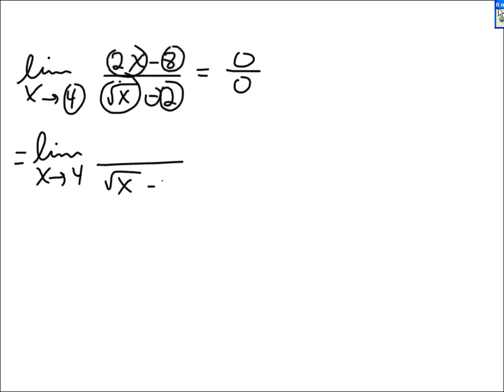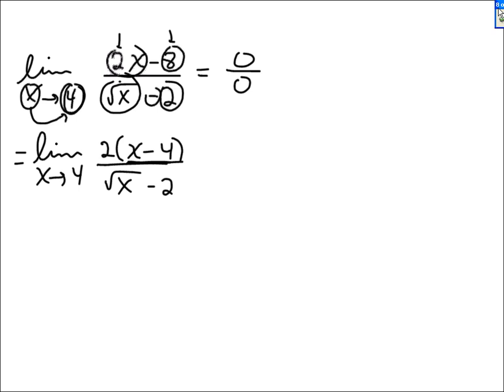The only thing is I'll factor the top. I see I can factor out a 2 times x minus 4. And since the top was a polynomial, x minus 4, this minus that, x minus 4, will be your factor.